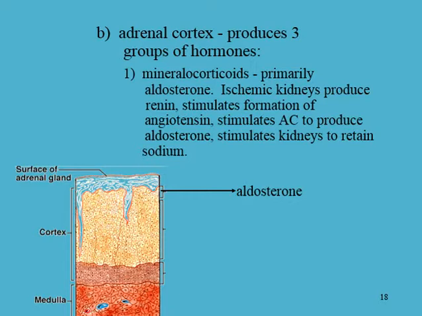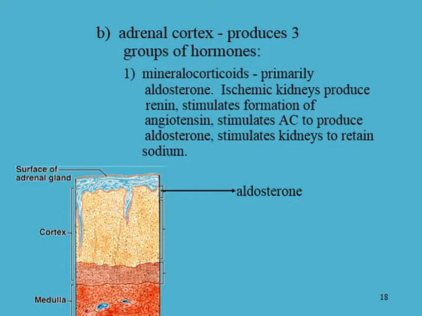If your kidneys become ischemic, meaning your kidneys have low blood flow, okay? So if your kidneys become ischemic, the kidneys are going to produce an enzyme called renin. Renin will cause the formation of a hormone called angiotensin. Okay?